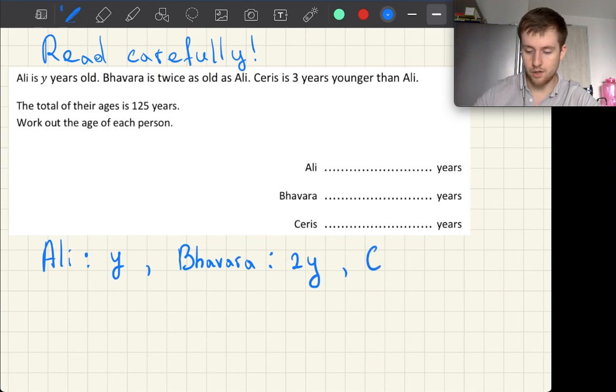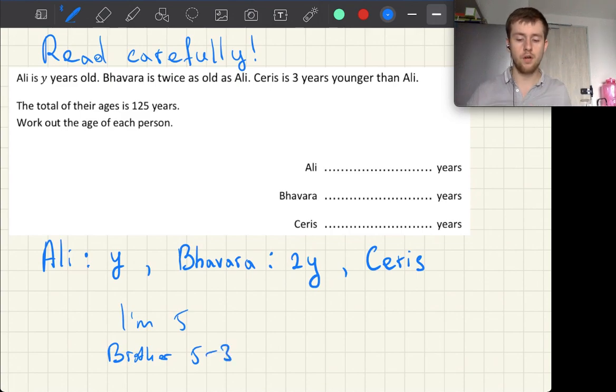And finally, Ceres is 3 years younger than Ali. It means that we have to subtract something, right? For example, if I'm 5 and my brother is 3 years younger, what do we do? We do 5 minus 3.